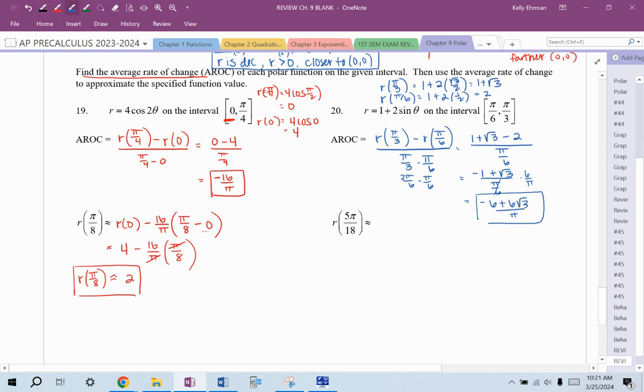All right, and then what about 5 pi over 18? So that's going to be r of pi over 6, our jumping off point, plus the average rate of change, which is this ugly thing, times the difference in the inputs, so your approximation minus your starting point. And then r of pi over 6 was a nice little 2.